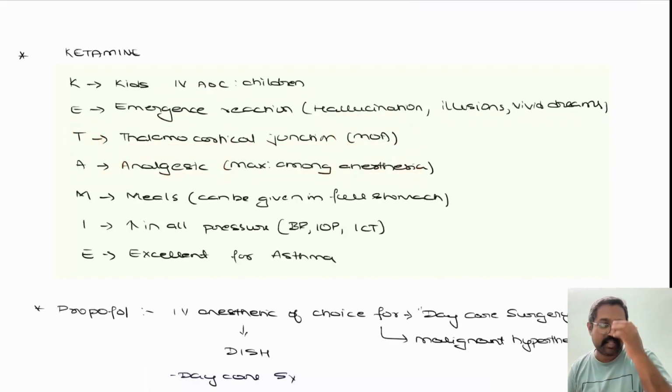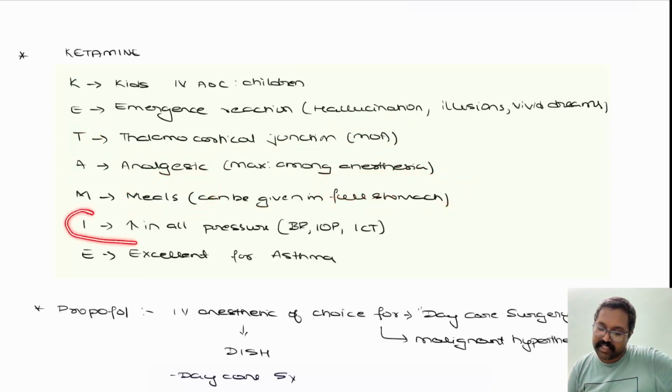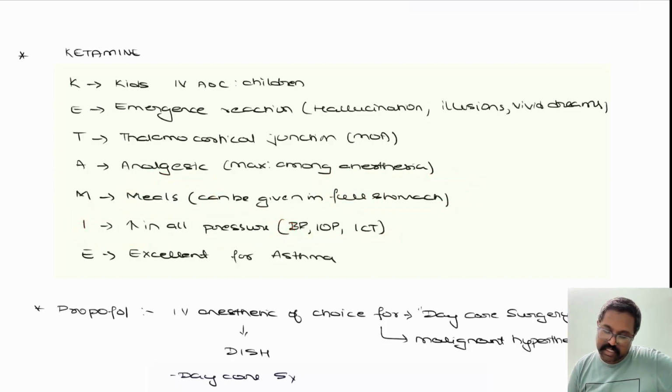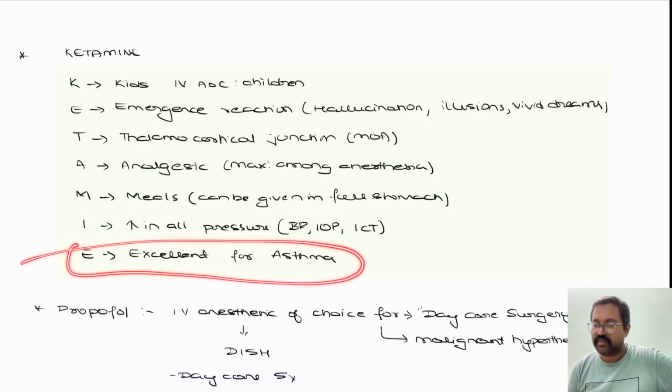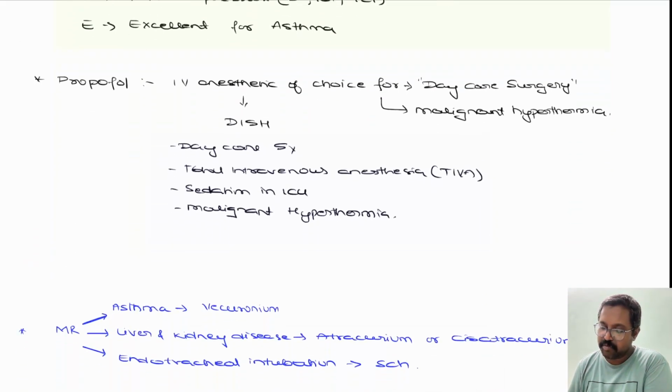So ketamine has the maximum analgesic property, and it can be used whenever the patient has a full stomach, that is meals can be given in case of full stomach. And also it increases all the pressures except for intracranial pressure, intraocular pressure and the blood pressure, and they are an excellent choice of anesthetic agent in bronchial asthma individuals.